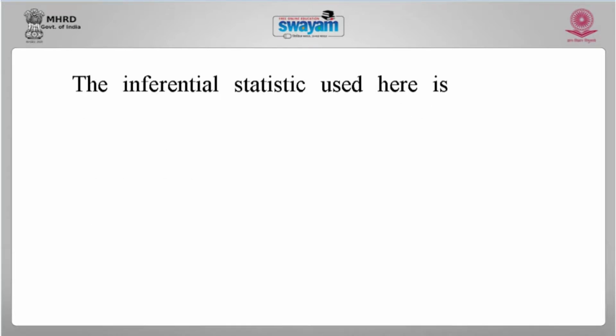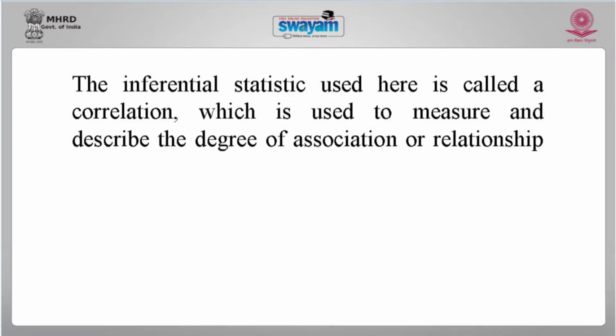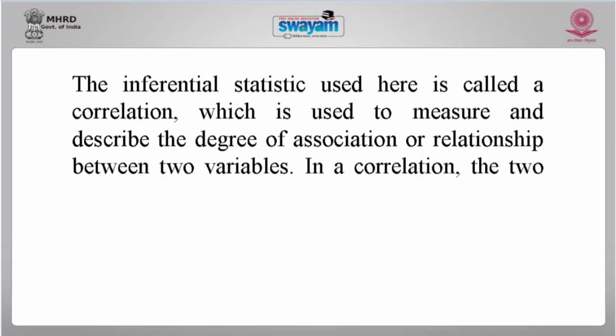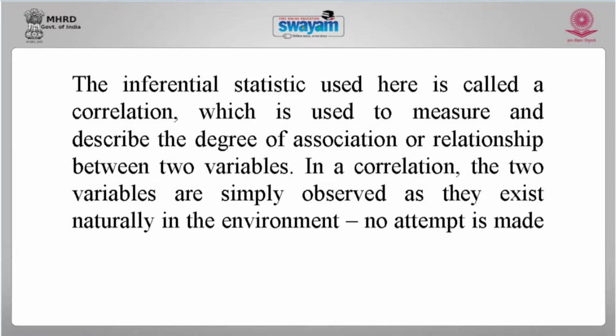The inferential statistic used here is called a correlation, which is used to measure and describe the degree of association or relationship between two variables. In a correlation, the two variables are simply observed as they exist naturally in the environment.